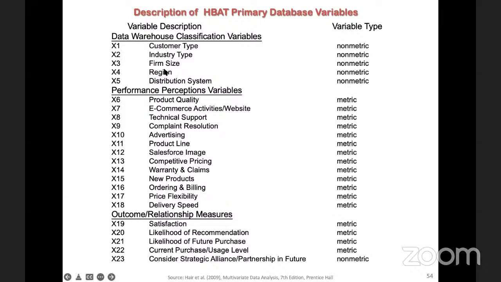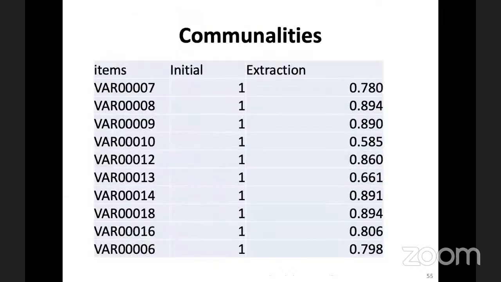The first 5 variables are categorical variables, so depending on whether we use them as dependent or independent variables, we can use analysis of variance or logistic regression.